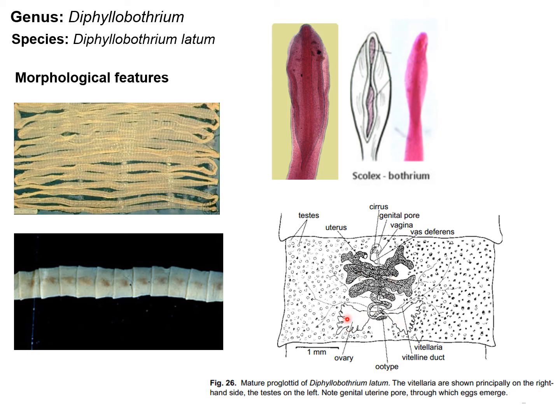The ovary is lobulated, and there is a branching black structure called the uterus, and the uterus has lateral branching on each side to accommodate more eggs. You can see the vitelline gland, and the testes are scattered throughout each of the proglottids.